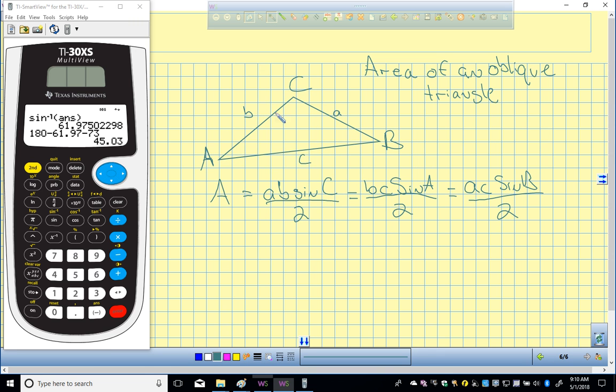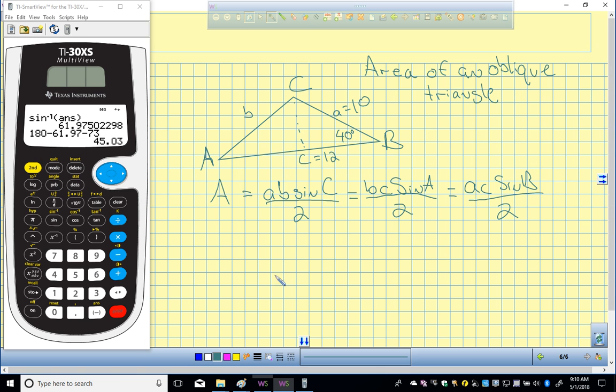What it does is it eliminates the need to find the height of that triangle. You're eliminating h, which is right here, depending on which angle you're going from. Say for instance this side is 10 and this side is 12, and you know that this angle is 40 degrees.